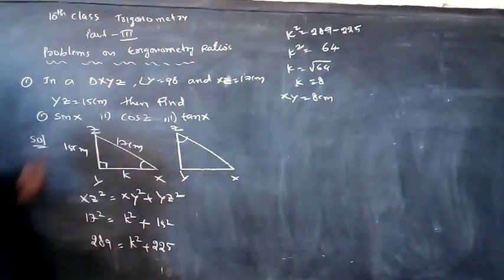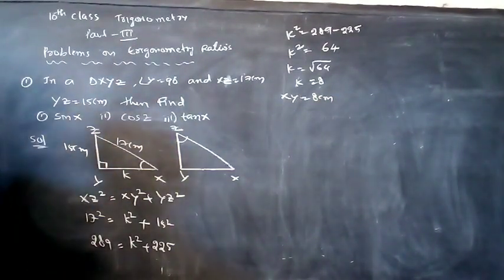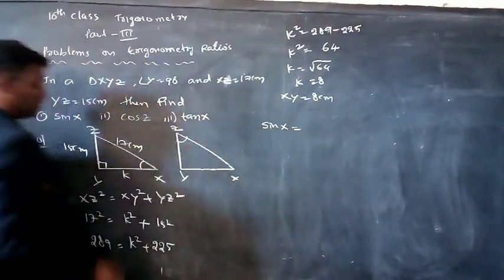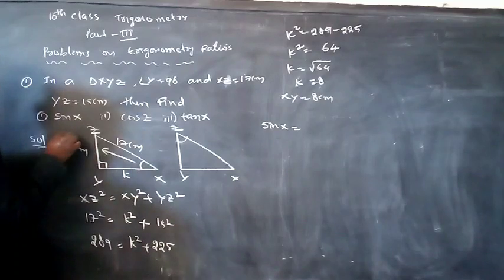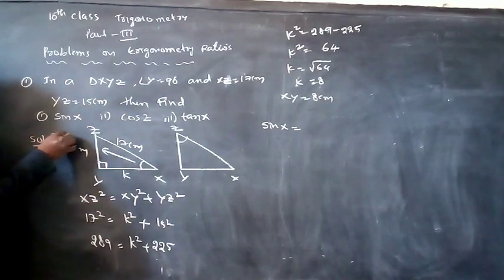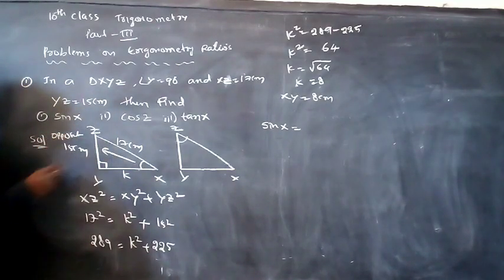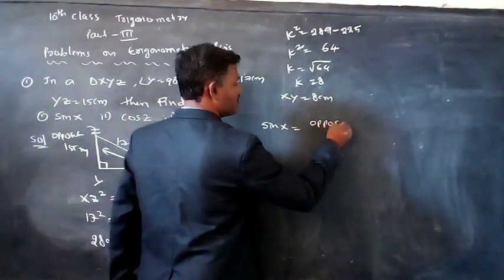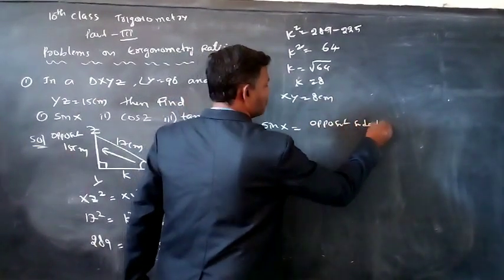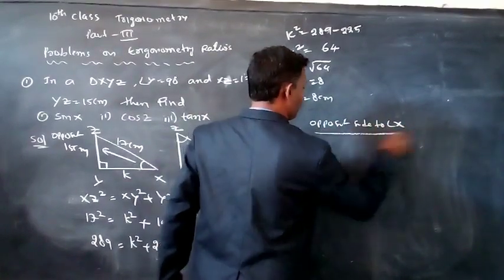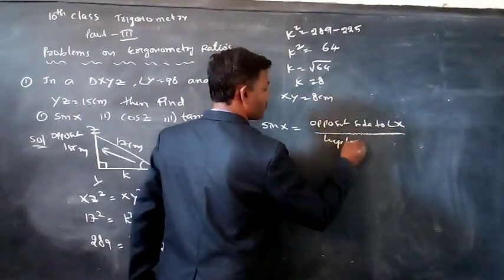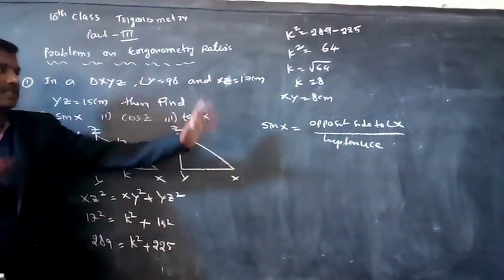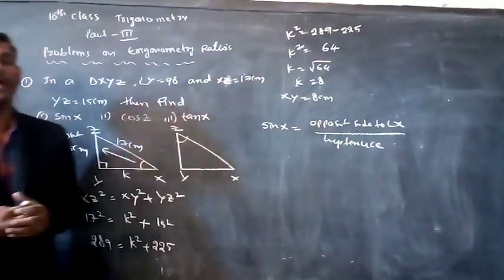Now what do I need? Sin x. Sin x is equal to opposite side to angle x by hypotenuse.